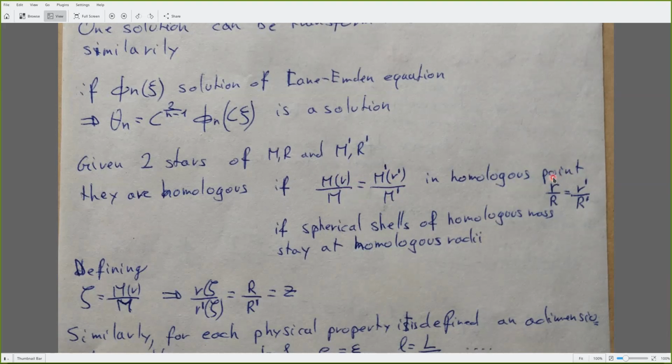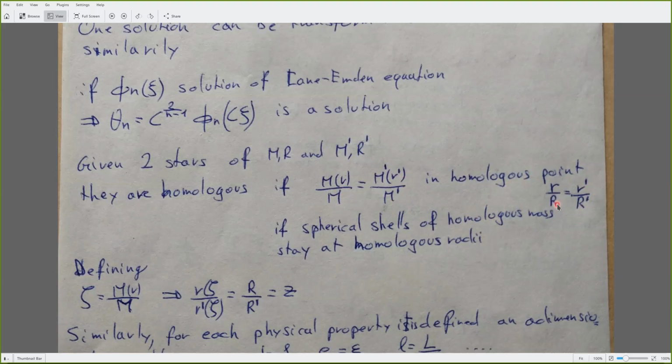With R and R prime they are homologous points. This means that they follow the rule that the ratio of the radius with respect to the total radius of the stars are equal. So, for example, at half of the radius for those stars, inside there is half of the mass or 1/3, but this ratio has to be constant.